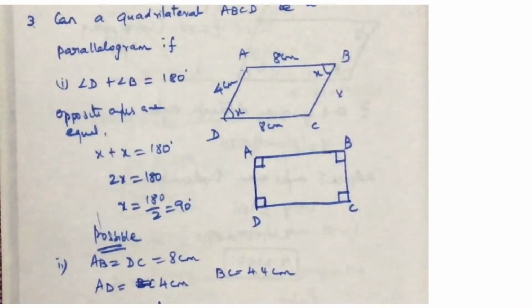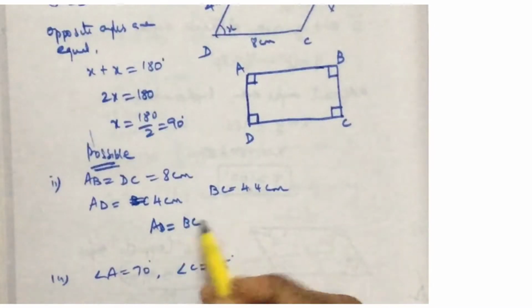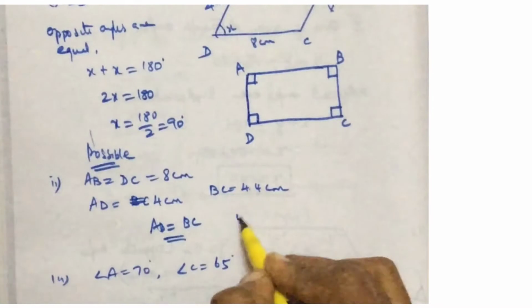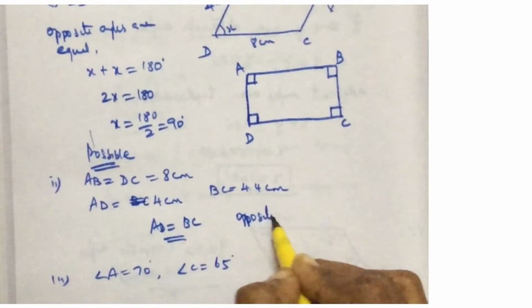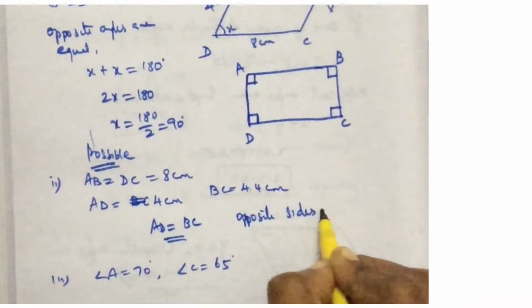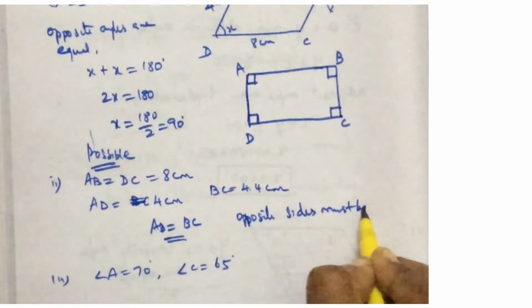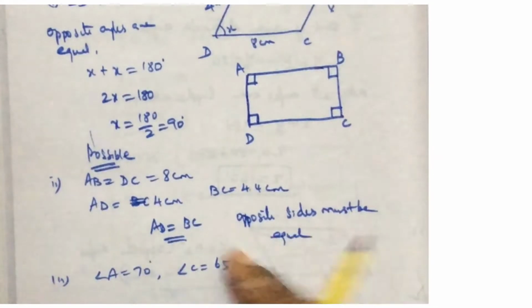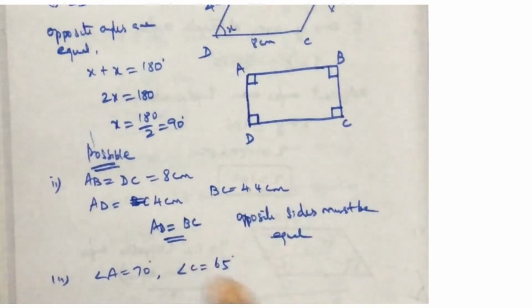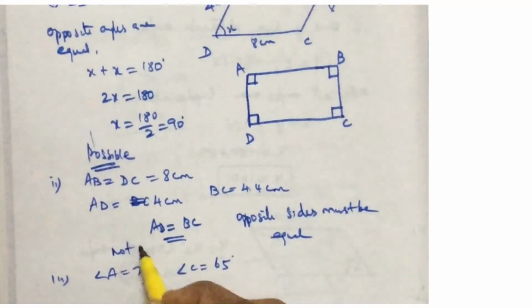To be a parallelogram, AD should be equal to BC. This condition is necessary because opposite sides must be equal in a parallelogram. Here it is 4 and this is 4.4. So this is not possible.